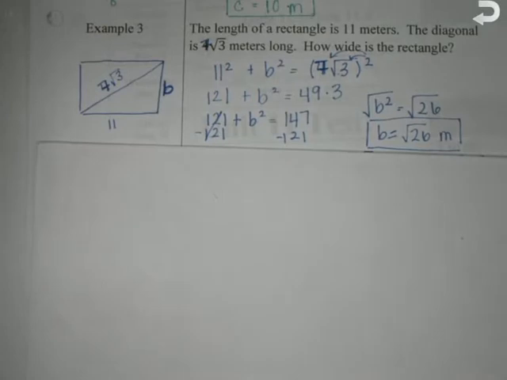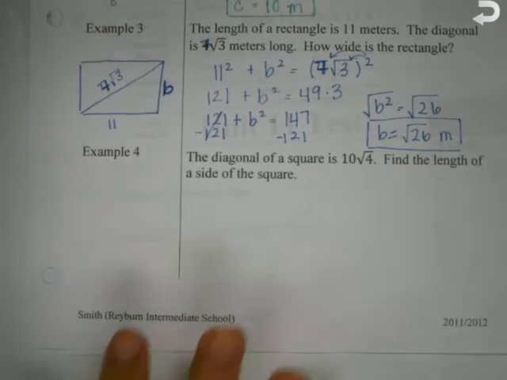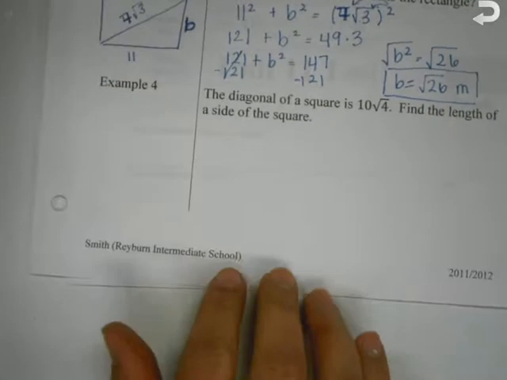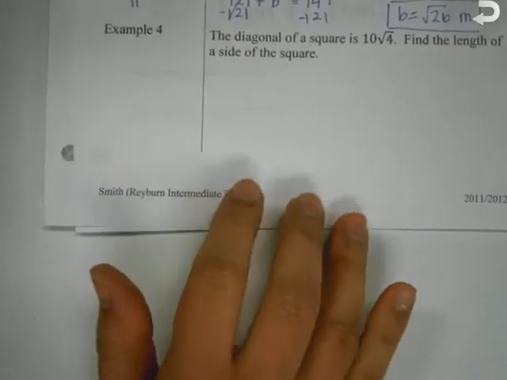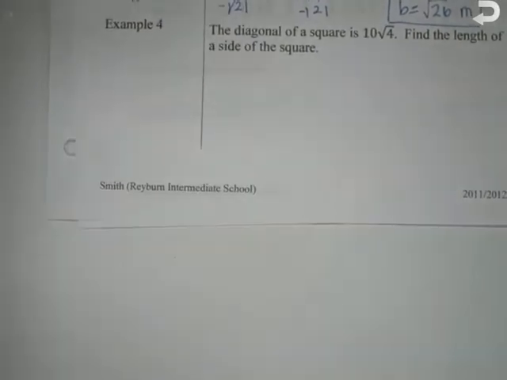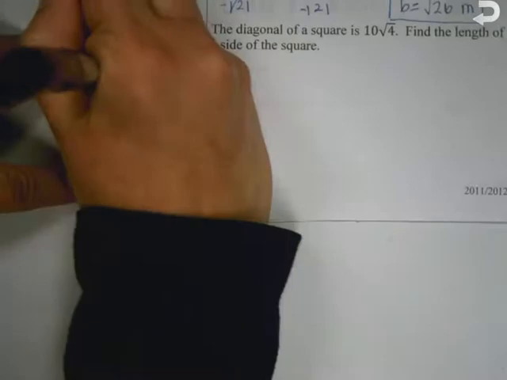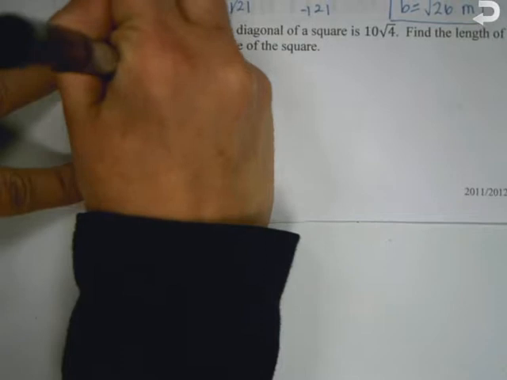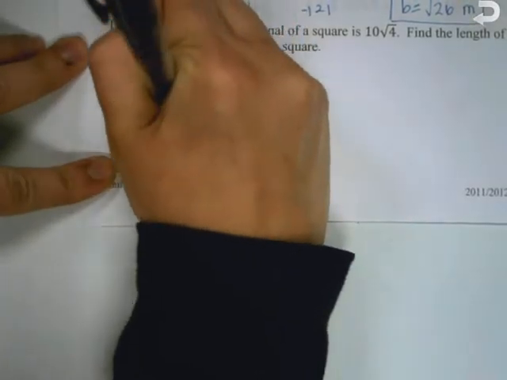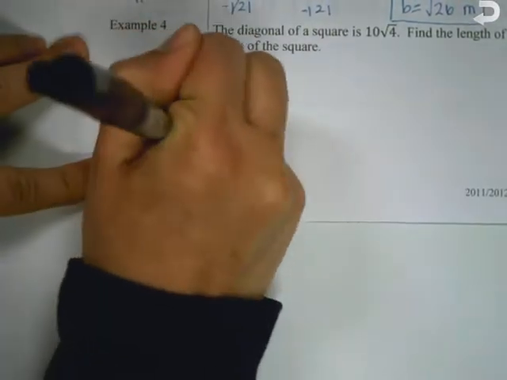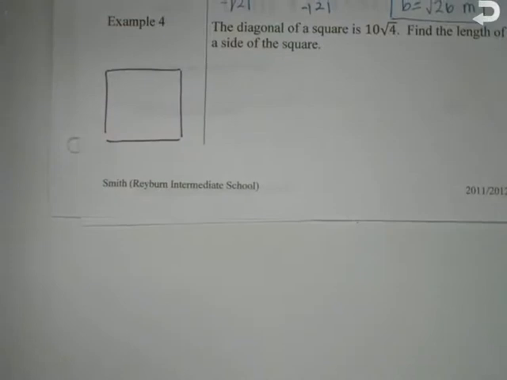Okay, last one, example 4. This one's a square, so this one requires some thinking. Okay? The diagonal of a square. Okay, so a square means that all sides are what? Equal. So try and draw as good of a square as you can. I'm going to draw the diagonal.